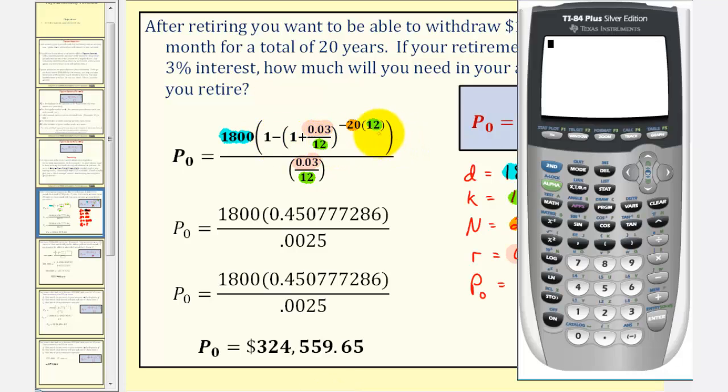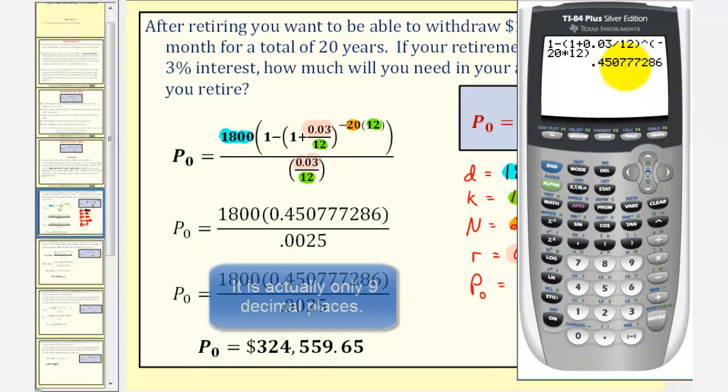So evaluating this expression inside the parentheses in the numerator, we would have 1 minus the quantity 1 plus 0.03 divided by 12, close parenthesis. We're going to raise this to the power of negative 20 times 12. And notice how I included all 10 decimal places here in the second step.